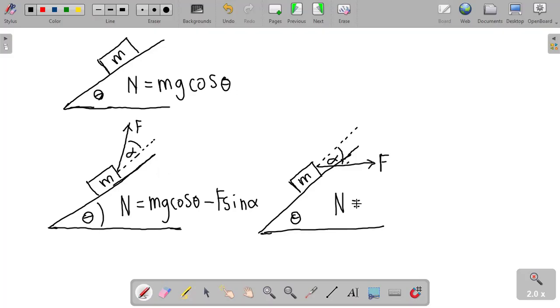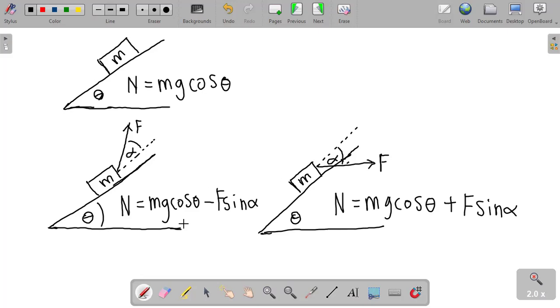And in this case it is mg cos theta plus F sine alpha. Okay, so that is the difference here.